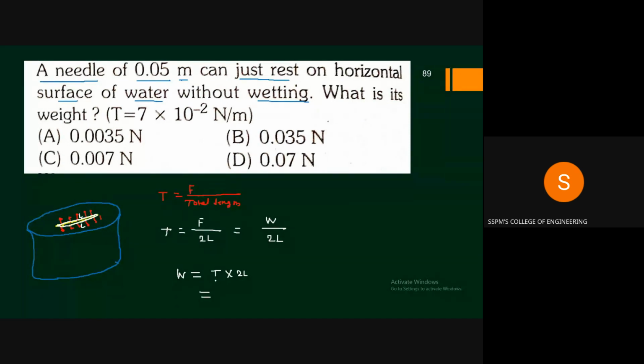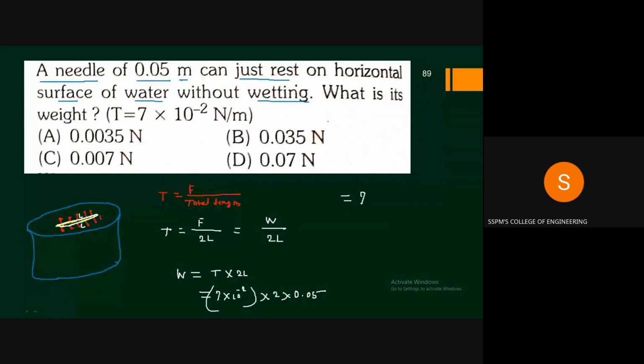T is given in the problem. This is 7 into 10 to the power minus 2, into the total length, which is 2 into the length of the needle, 0.05 meter. Now just simplify this equation.